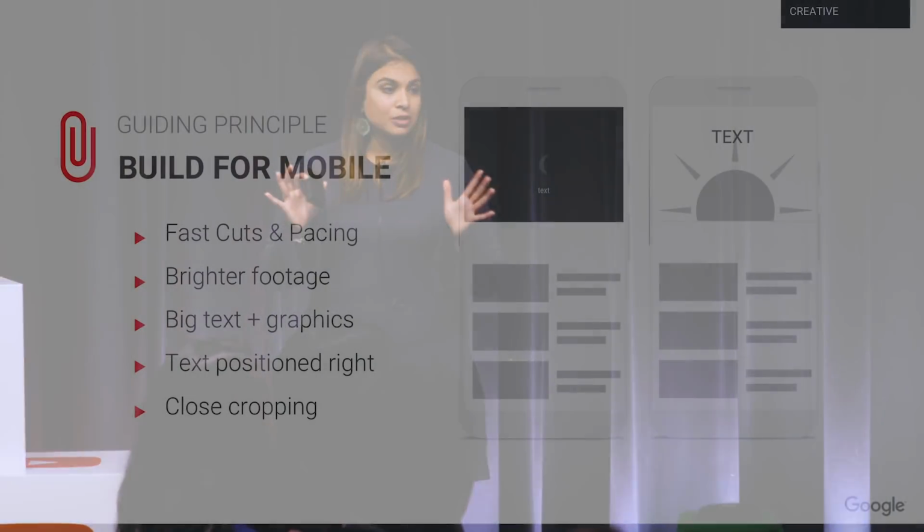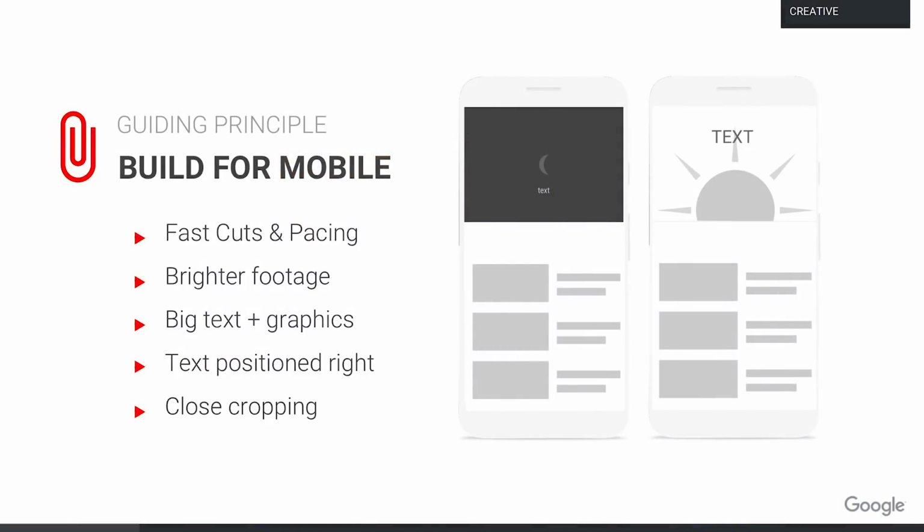And when you're cropping either current assets that you have, or if you're going to be creating new ones, positioning of that is really important. So for mobile, these are the main takeaways: faster cuts and pacing, brighter footage, because most of us have our power savings settings on.